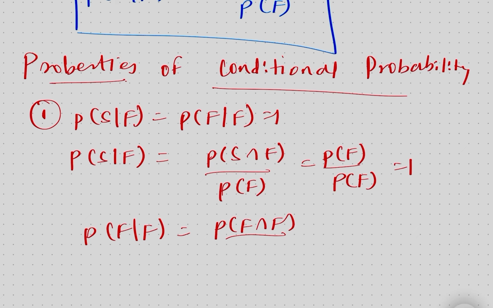We know that P of S given F is P of S intersection F divided by P of F, which equals P of F upon P of F equals 1. Similarly, P of F given F equals P of F intersection F divided by P of F, equals P of F upon P of F equals 1.